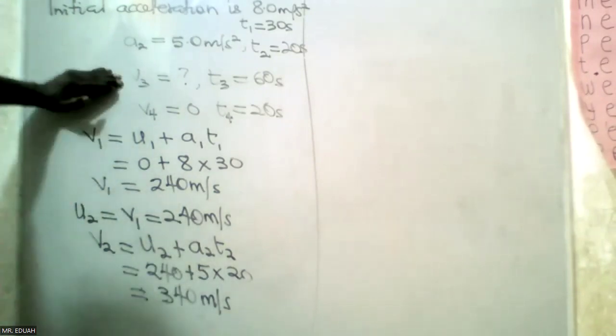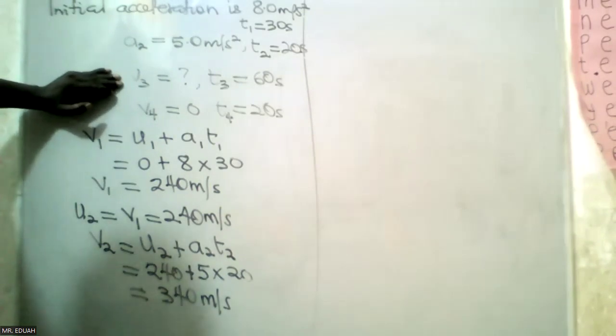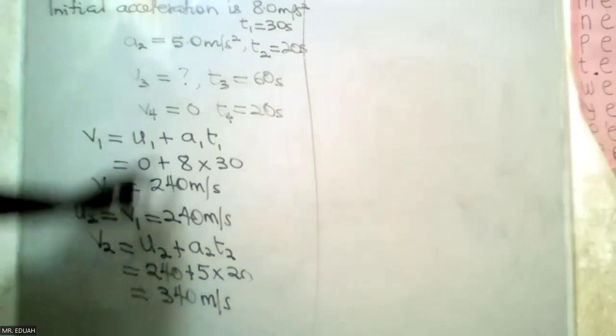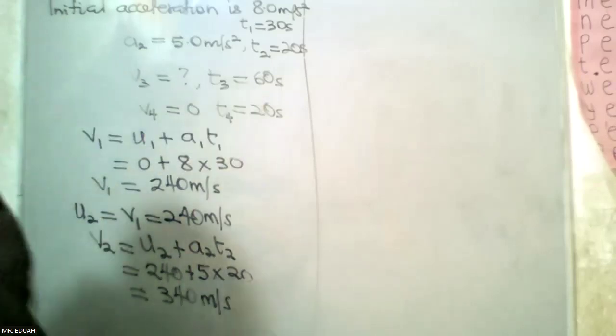Then in the third part of the motion, we are told that the velocity was maintained for 60 seconds. If velocity is maintained, it means acceleration is 0.